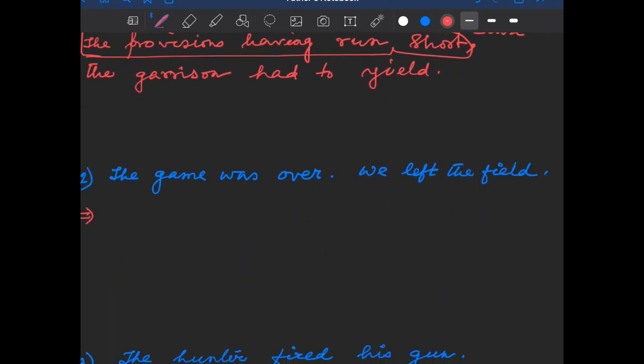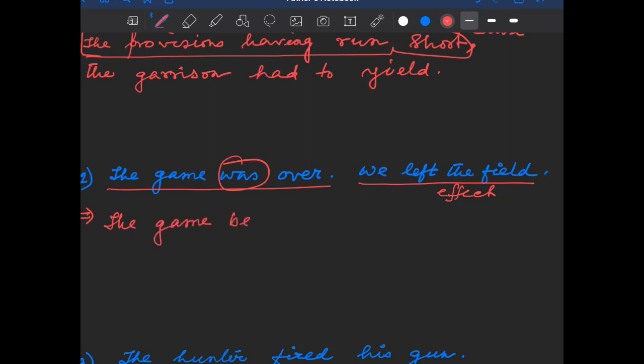The game was over. We left the field. This is effect. We will keep it and we will make this absolute. Be verb is there. So being the game over, we left the field.